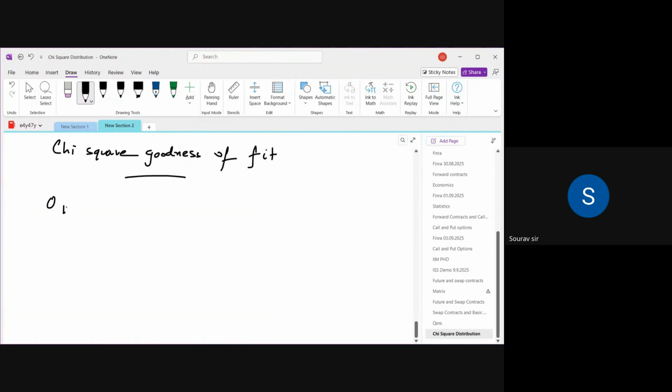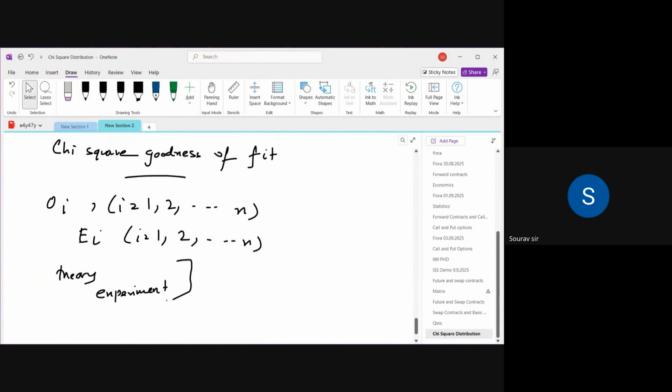Suppose Oi, for i equal to 1, 2, till n, are the observed values, and similarly Ei, for i equal to 1, 2, till n, are the corresponding hypothetical values, obtained under the same theory or hypothesis. Then the null hypothesis is that there is no significant difference between the theory and the experiment.